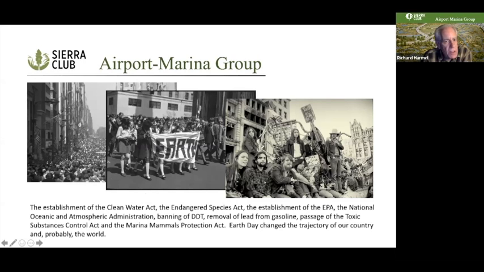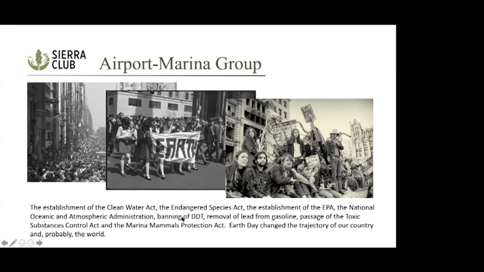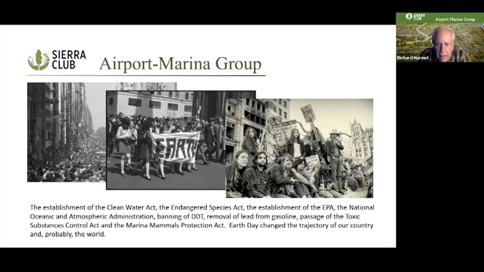And what was, as you undoubtedly know, the results, unbeknownst to anyone at that time, the results were the establishment of the Clean Water Act, the Endangered Species Act, the establishment of the EPA, and the establishment of the National Oceanic and Atmospheric Administration, banning of DDT, removal of lead from gasoline, passage of the Toxic Substances Control Act, and the Marine Mammals Protection Act. Earth Day 1970 changed the trajectory of our country and probably the world.